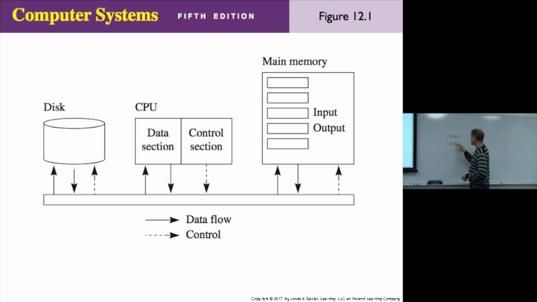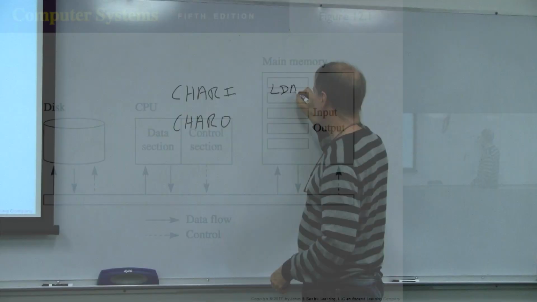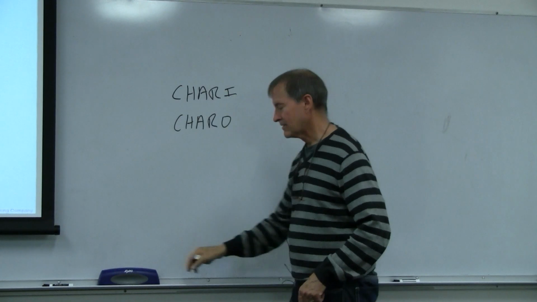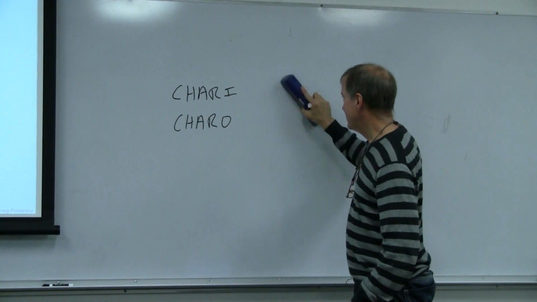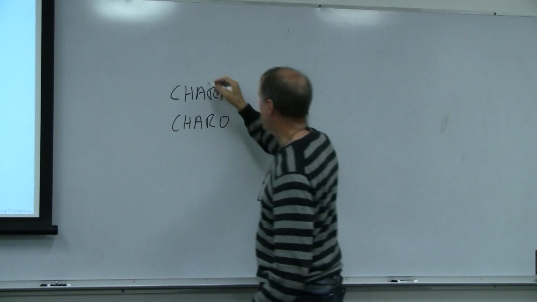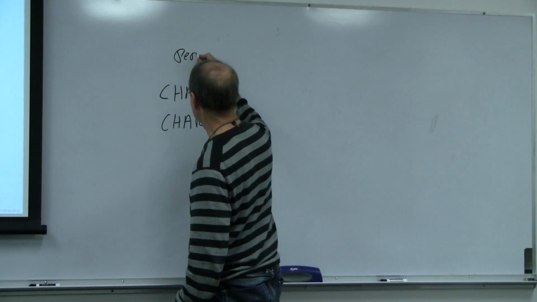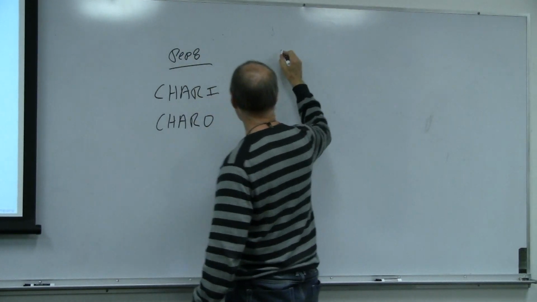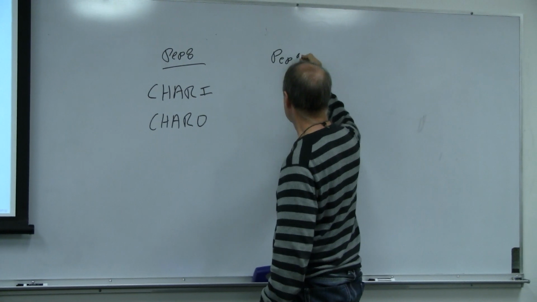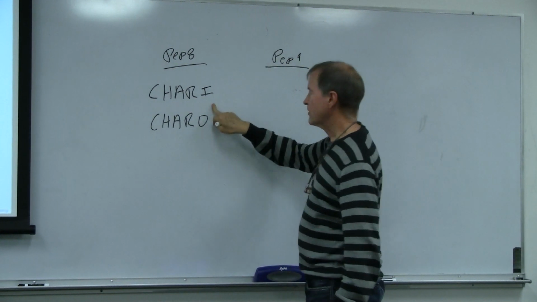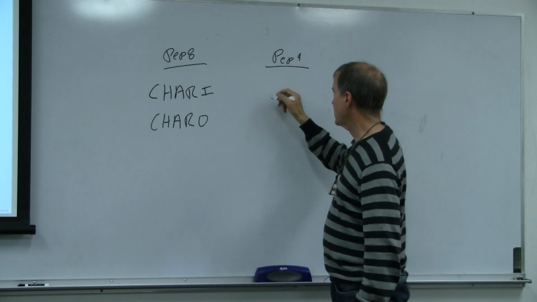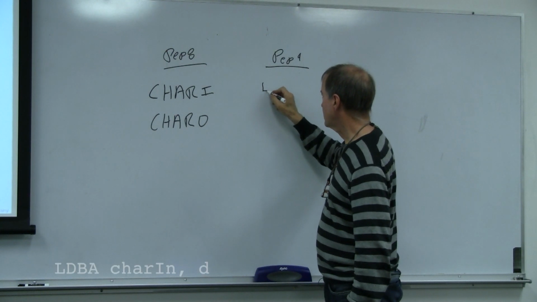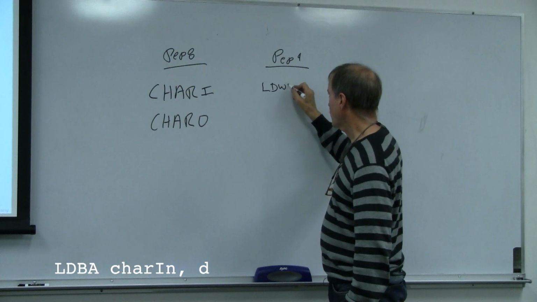So instead of doing a CARI, guess what you do? You do load accumulator. Well, the mnemonics are a little bit different too. So this is Pep/8. This is Pep/9. Instead of doing CARI in Pep/8, in Pep/9 what we do is load word accumulator.